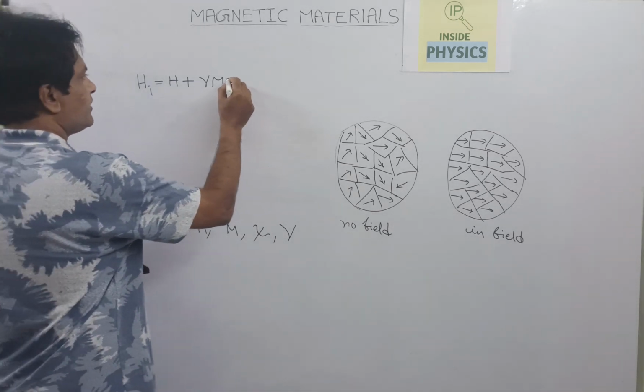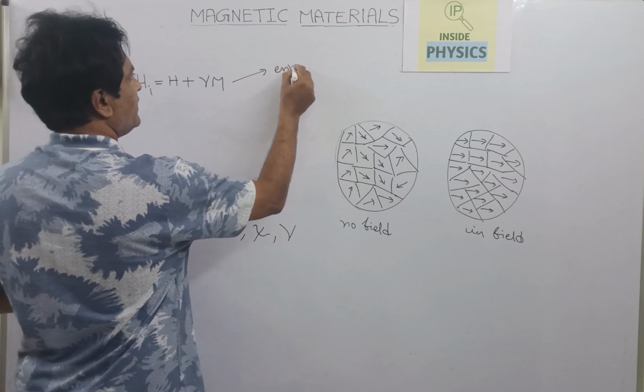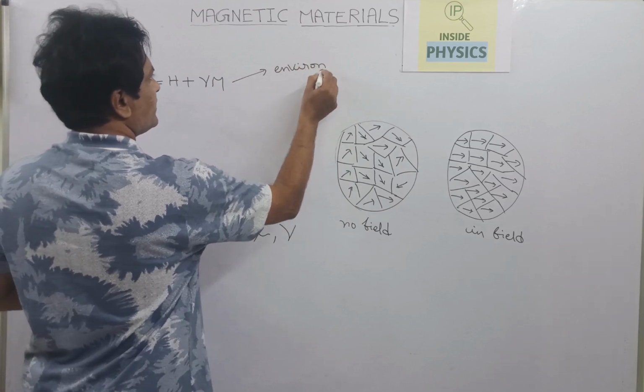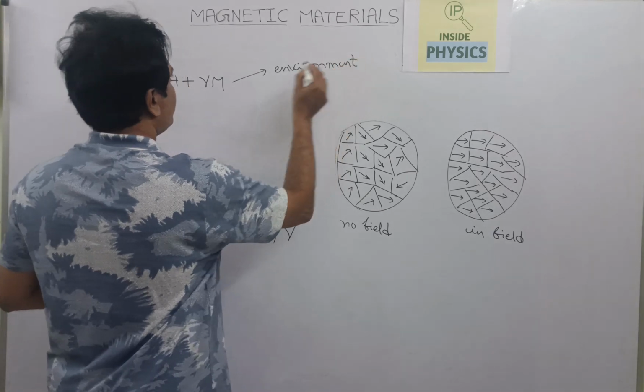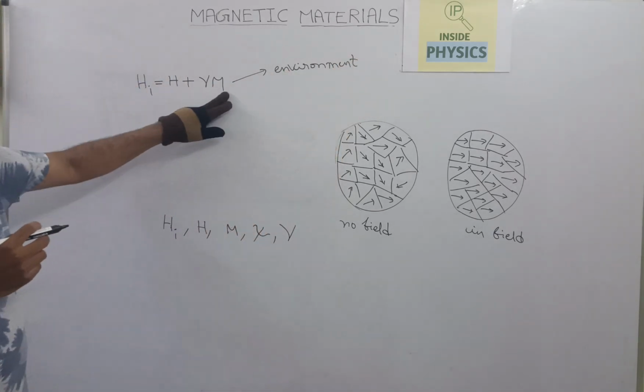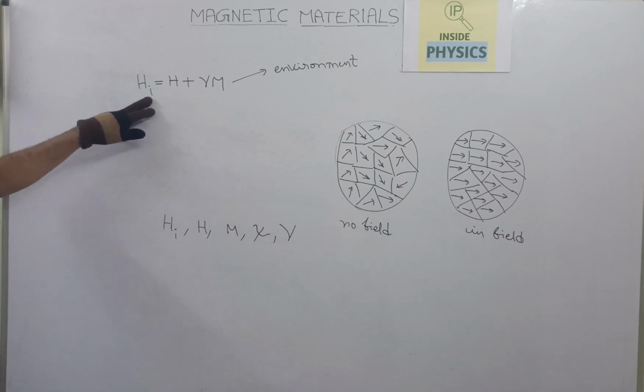So this can be considered as the environment or tendency inside the material. Here gamma is the molecular field constant and M is the magnetization. The internal magnetic field, or internal molecular field, Hi is equal to H plus gamma M.